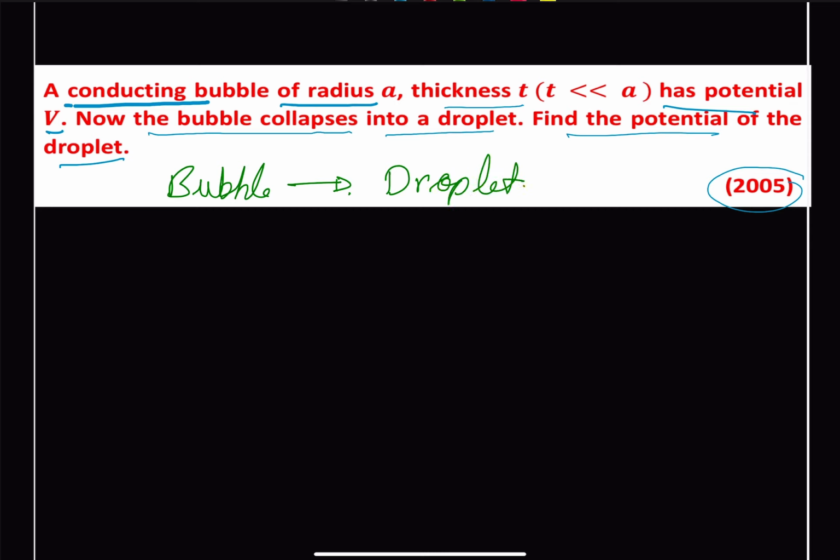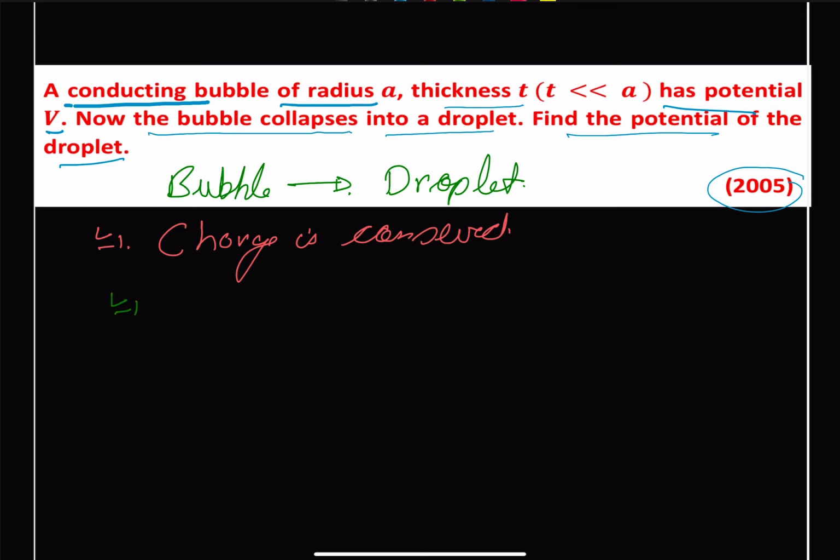and during this process two things will remain conserved. First is that the charge is going to remain conserved, and the volume will be constant.